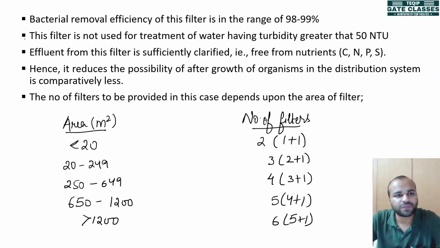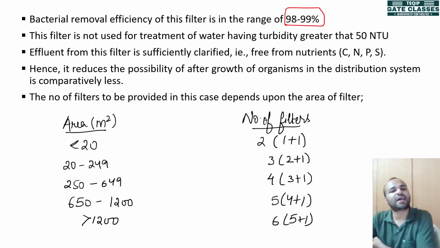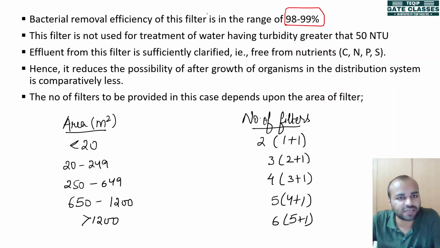Next, some more points are given. Let's have a look. The bacterial removal efficiency of this filter is in the range of 98 to 99%. It is a very high removal efficiency considering different types of filters, so mind it. Then it is given that this filter is not used for treatment of water having turbidity greater than 50 NTU.